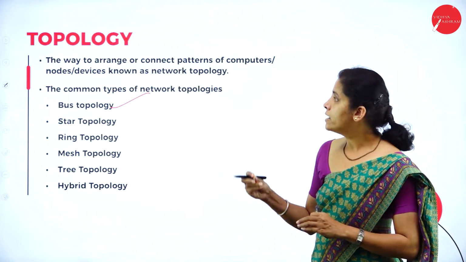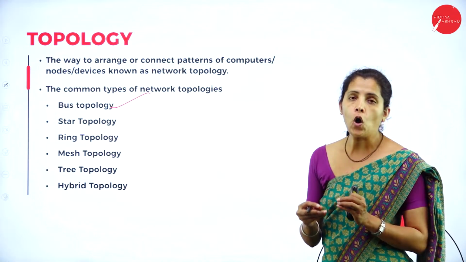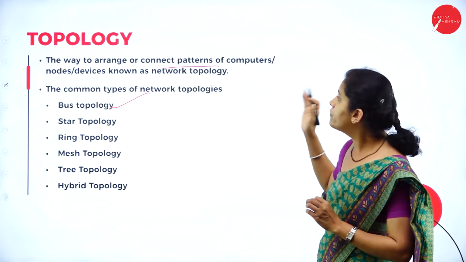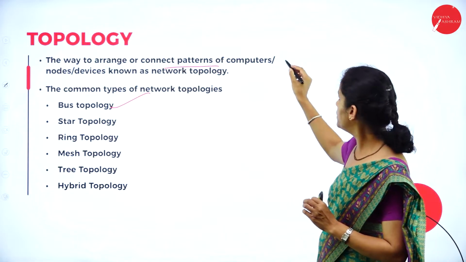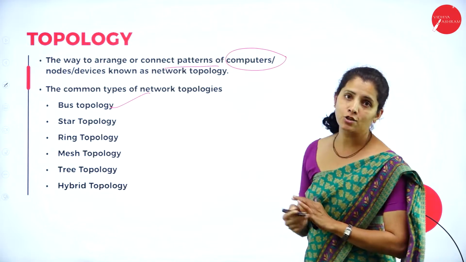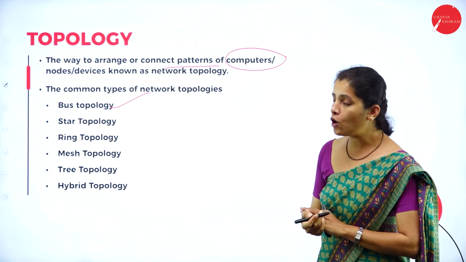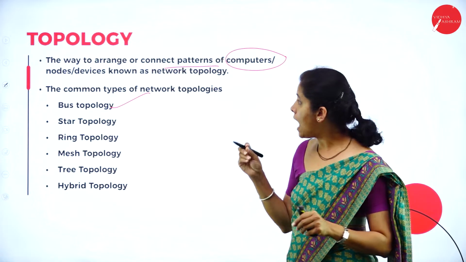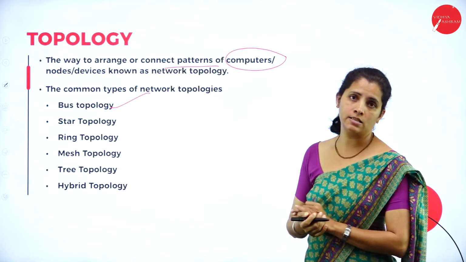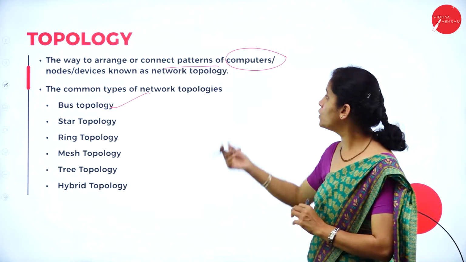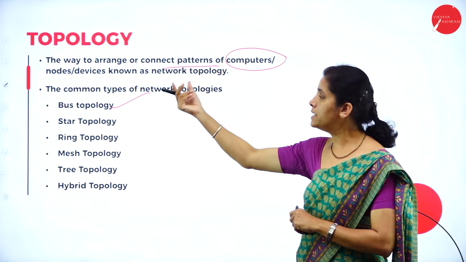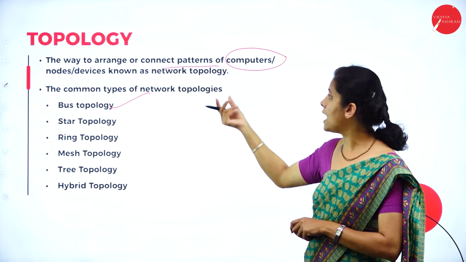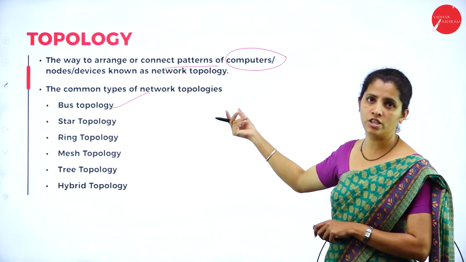It's the way to arrange or connect a number of computers. Here a computer is nothing but a desktop computer or laptop, and computers themselves are known as nodes as well as devices. So the arrangement of all the computer systems is known as network topology.